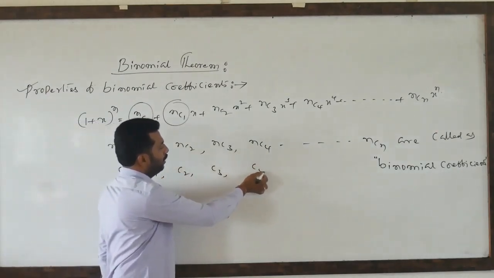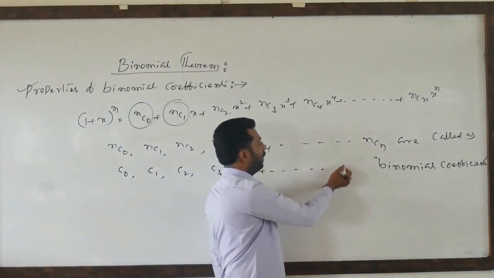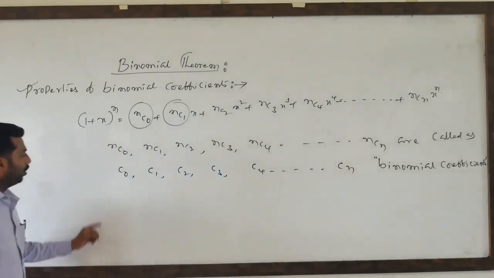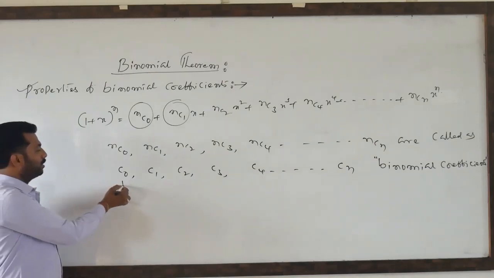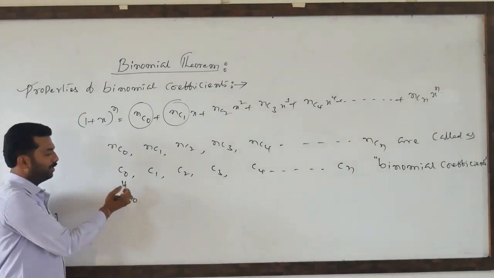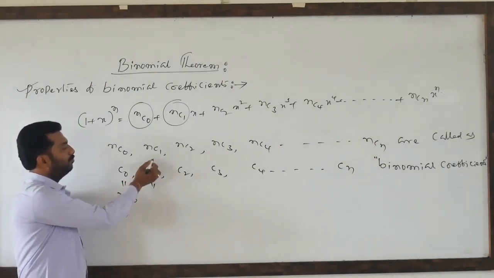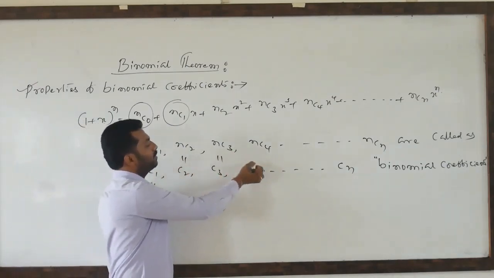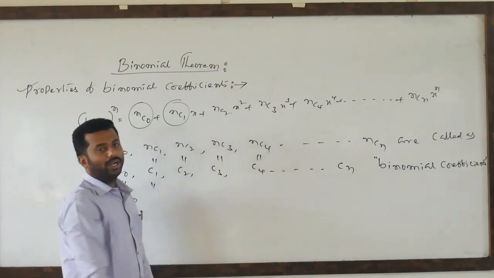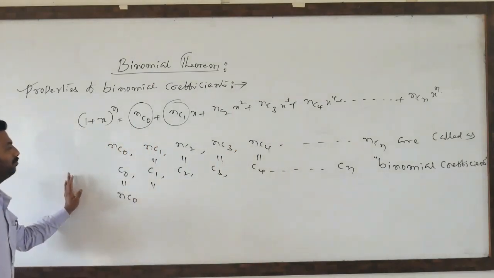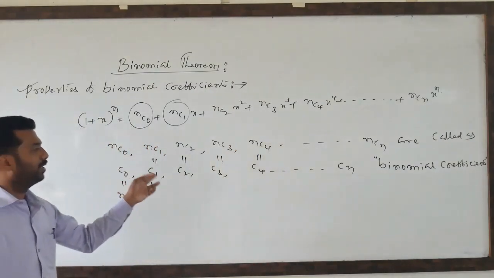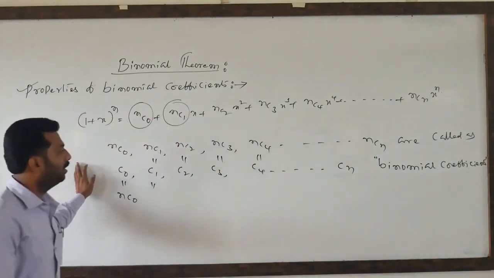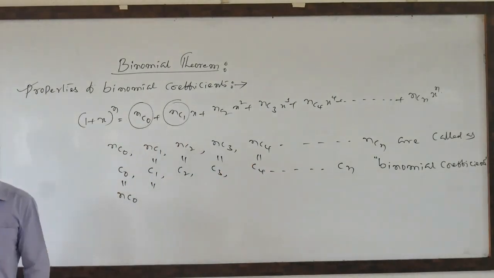This is C3, C4. nCn can be represented by Cn. You remember, if you write only C0, this is the meaning of nC0. Only C1, this is nC1. This is nC2, this is nC3, this is nC4 and so on. So these numbers nC0, nC1, nC2, nC3 and so on, nCn are called binomial coefficients.